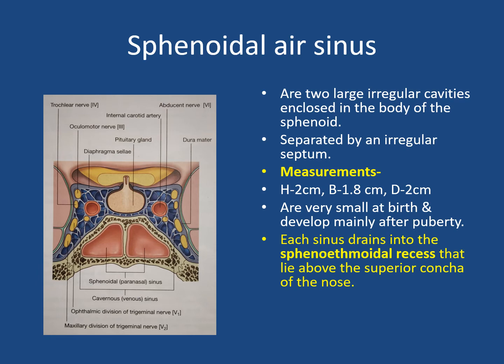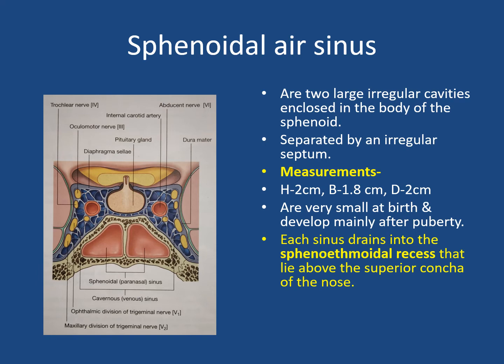Now let's see the sphenoidal air sinus. As you can see in the diagram, the sphenoidal air sinuses are two large irregular cavities enclosed in the body of the sphenoid, and both of them are separated from each other by an irregular septum.